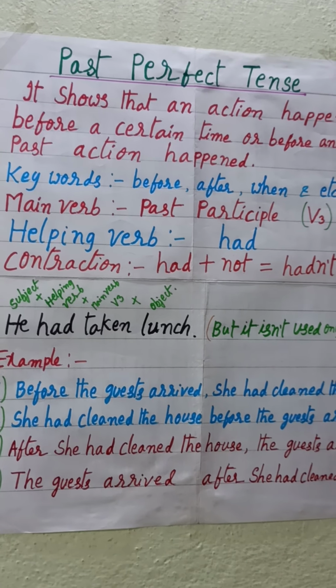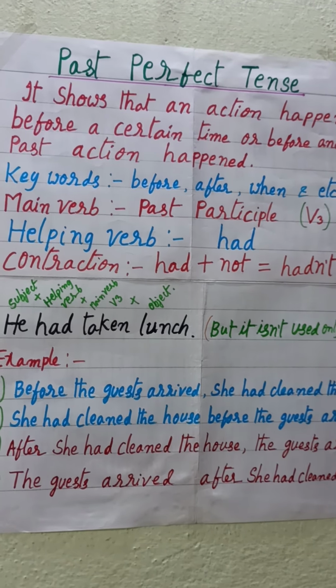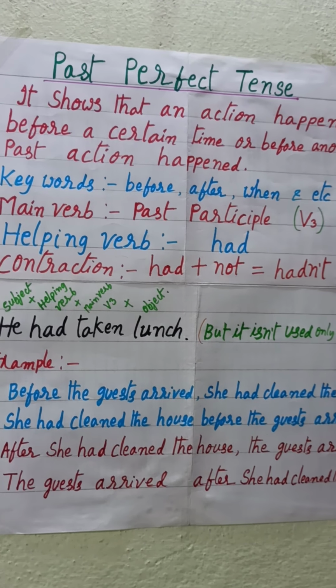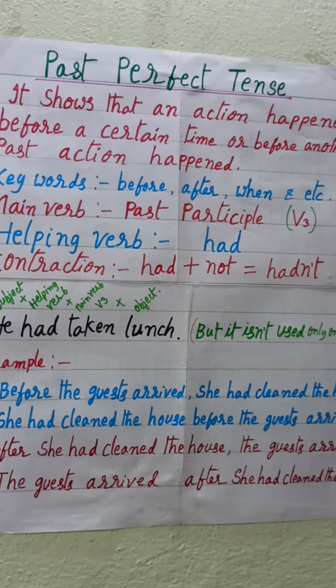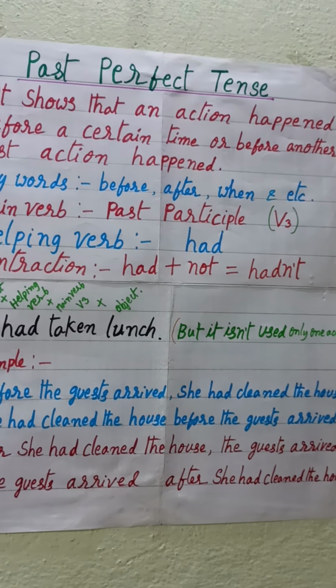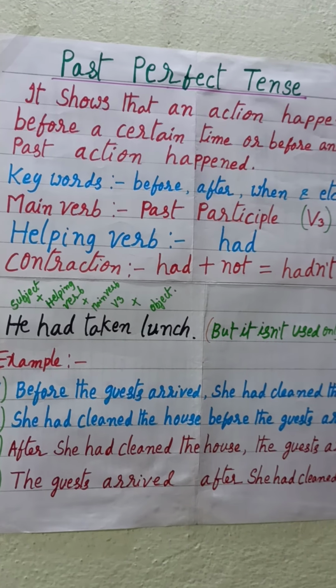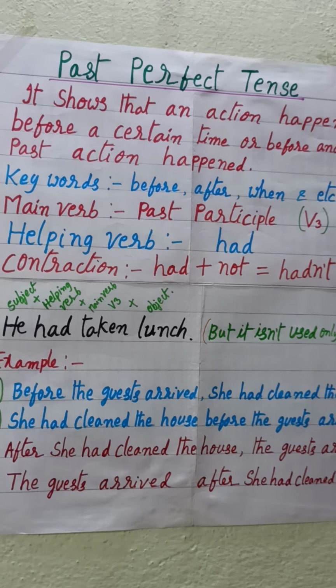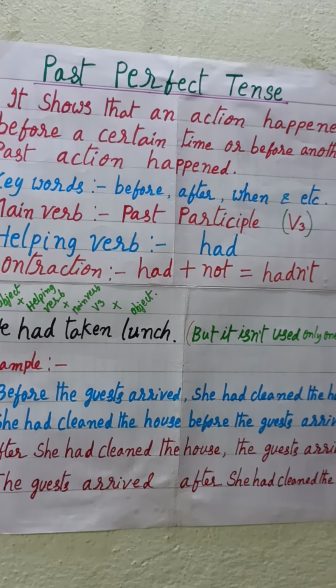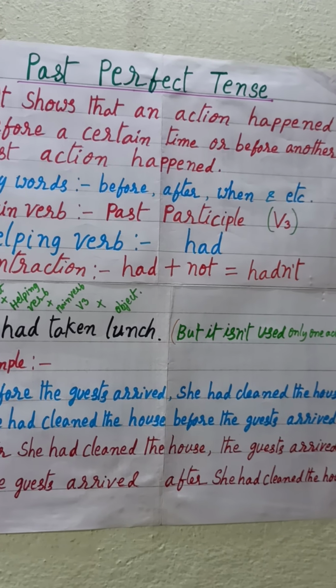The third, we used a comma: after she had cleaned the house, comma, the guests arrived. The fourth, the guests arrived after she had cleaned the house.